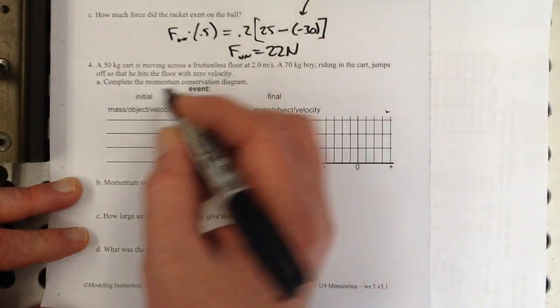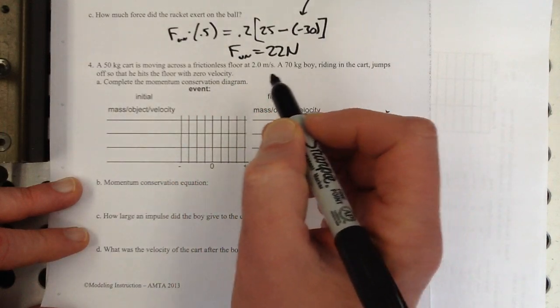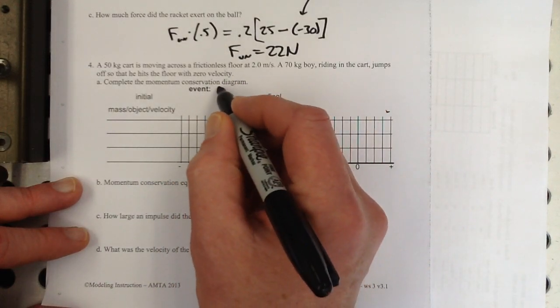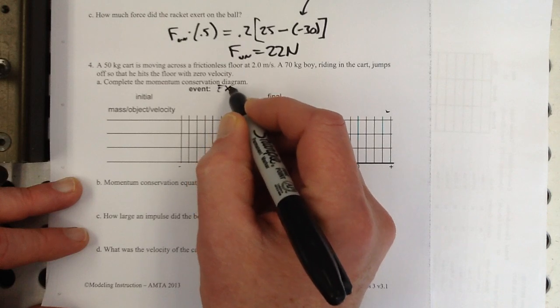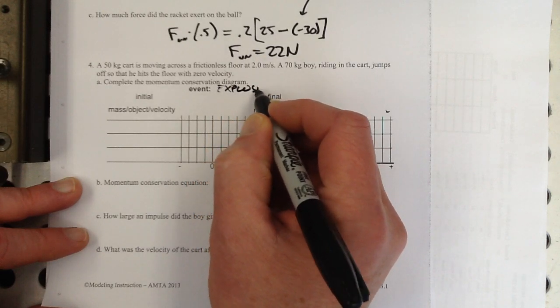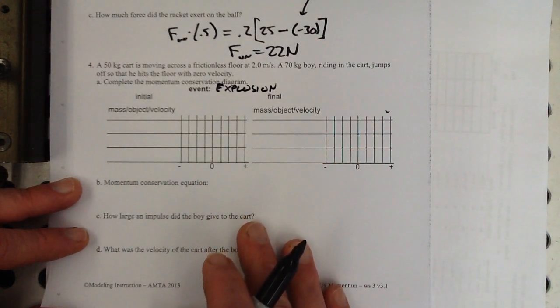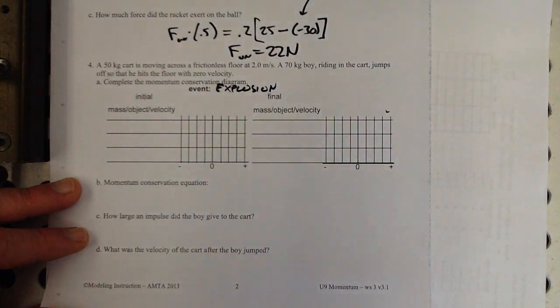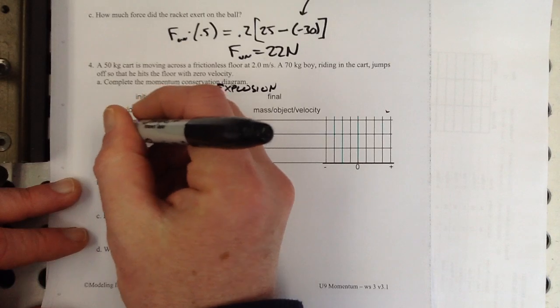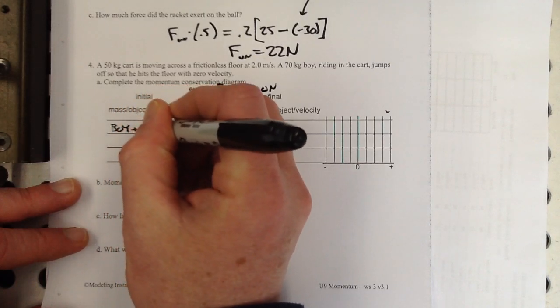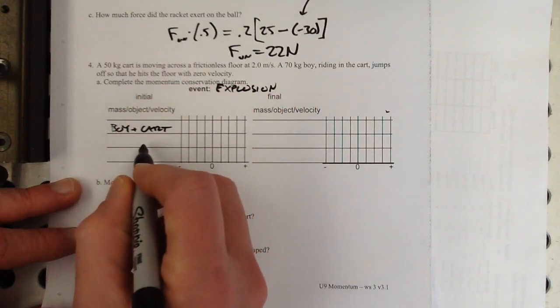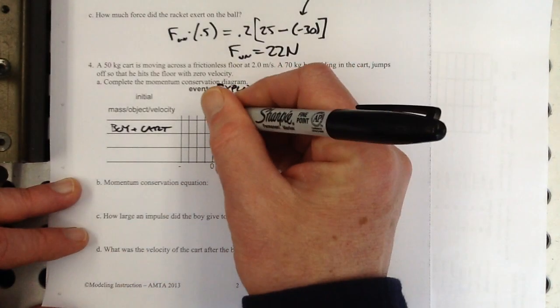So this is a boy in a cart. They're together, and then they separate. That is what we're going to call an explosion. And the boy and the cart are together here, so I'm not going to make them 2 separate things because they're together.